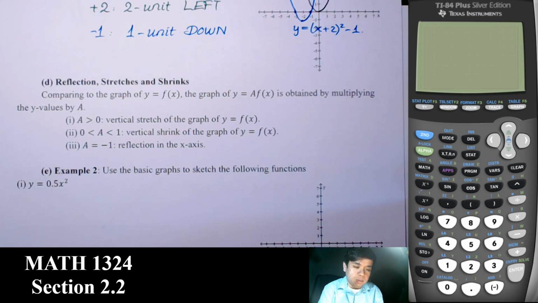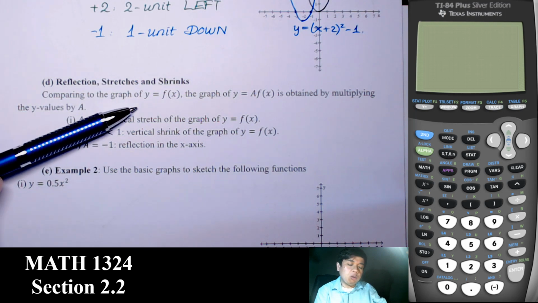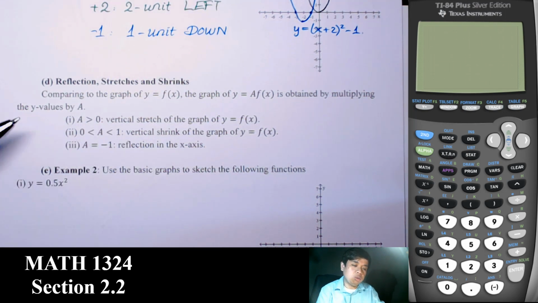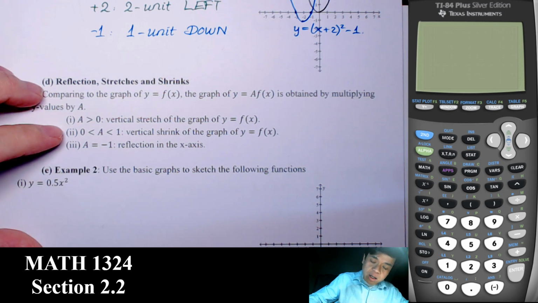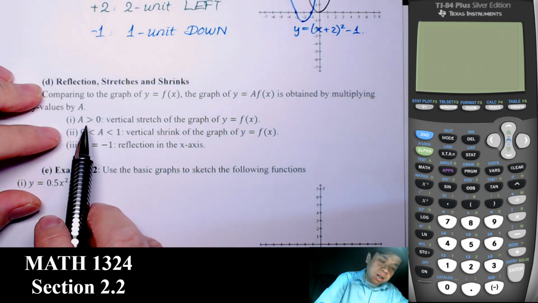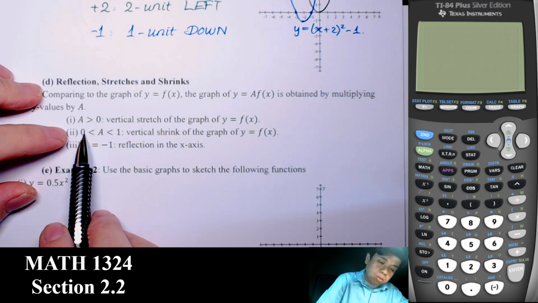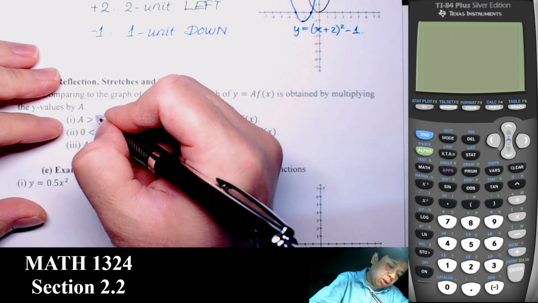Right, now, reflection, stretching and shrinking. Compared to the graph of y equals f of x, the graph of y equals a times f of x is obtained by multiplying the y values by a. If a is bigger than 1, it is a stretch.